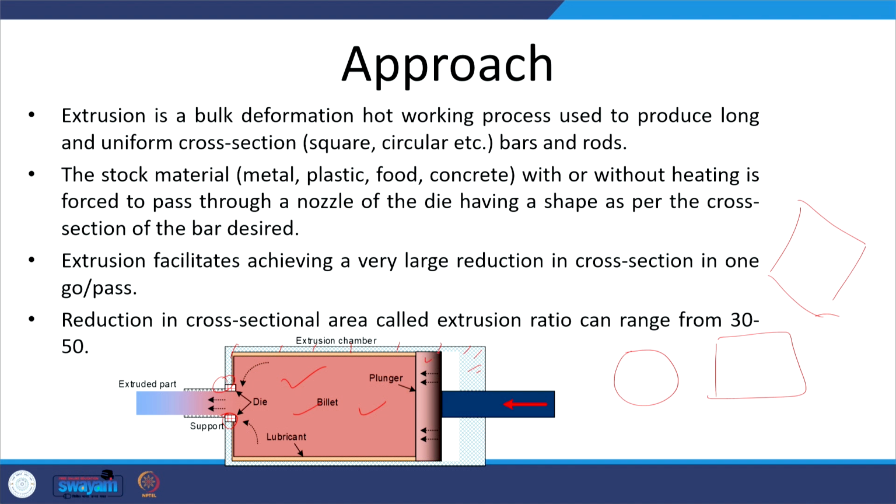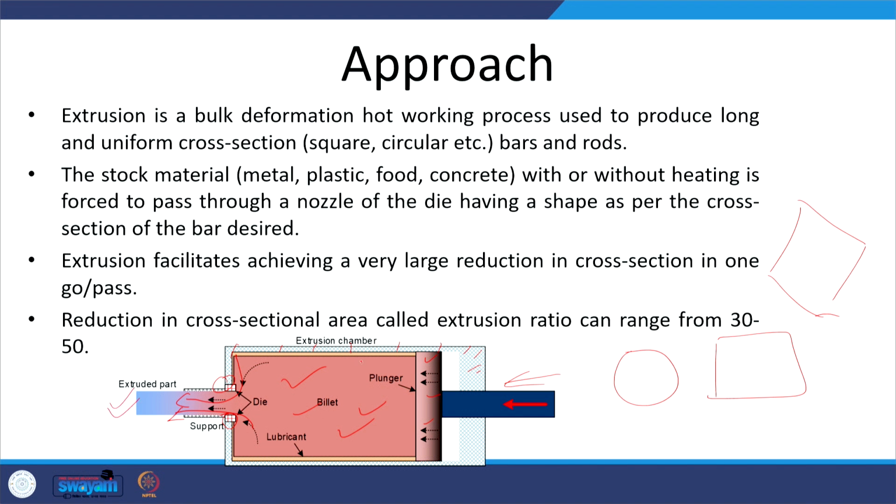This is the plunger which will be pushing the raw material, pushed by a suitable ram through a suitable mechanism. When the raw material is subjected to very high pressure, the material starts flowing to come out of the nozzle of a particular shape, and accordingly we get the extruded part.